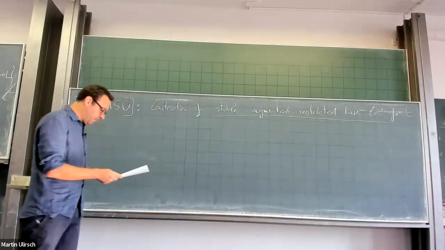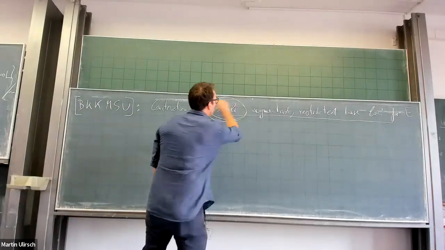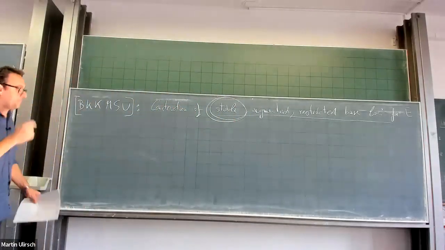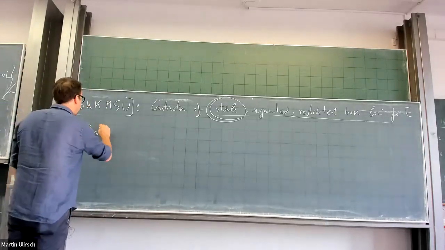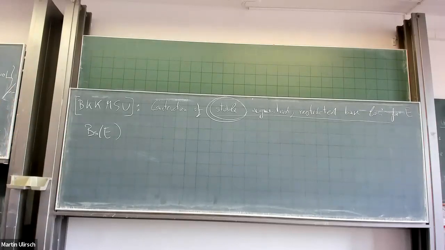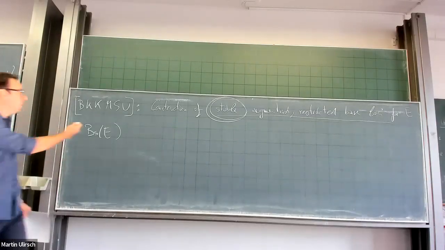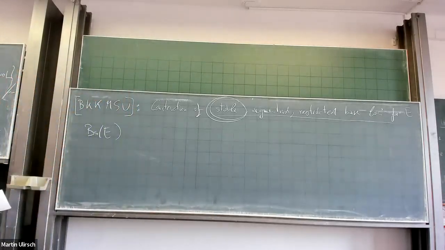Today, I want to talk about the stable base locus, and I will define what it is and some of its properties. Somehow this seems more natural to be constructed and described starting from the base locus of E and then passing to what is called the stable base locus.